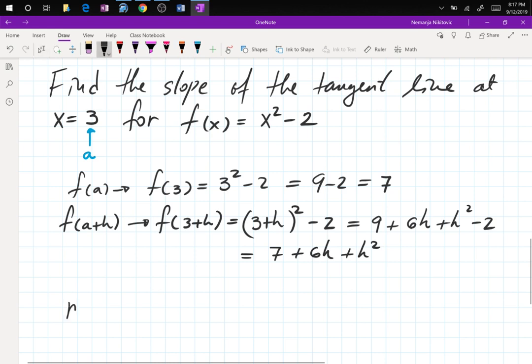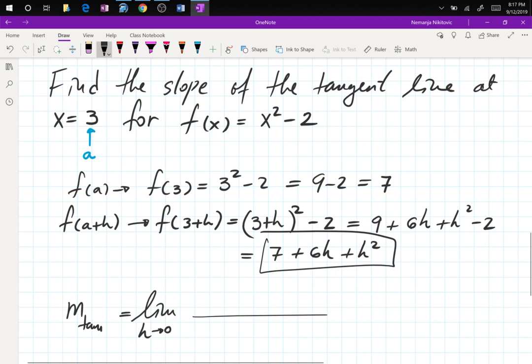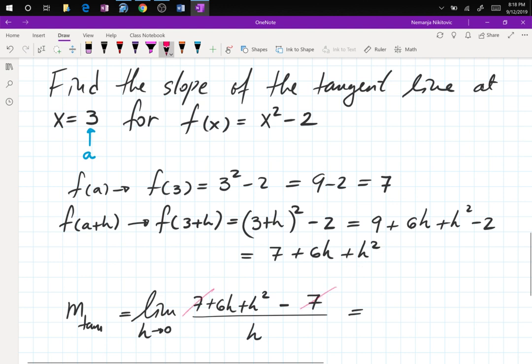Good. Now, to calculate the slope of the tangent line, we are going to calculate the limit as h goes to 0 of f of x plus h, which is this mess. You Control C, Control V into the formula. So 7 plus 6h plus h squared minus f of a. F of a is f of 3. F of 3 is 7, divided by h. 7 will cancel 7, and you see that you can kick out h.